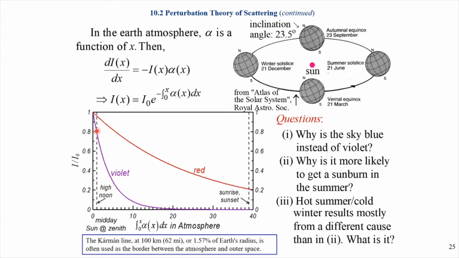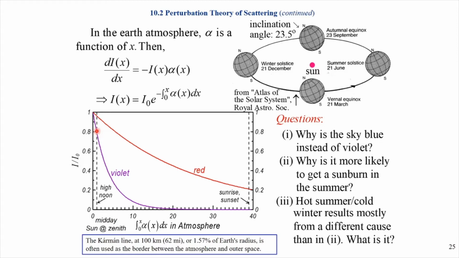Our sun looks something like black body radiation, and violet is not that much. Although violet is scattered more than red, after integration we know the blue will be dominant.